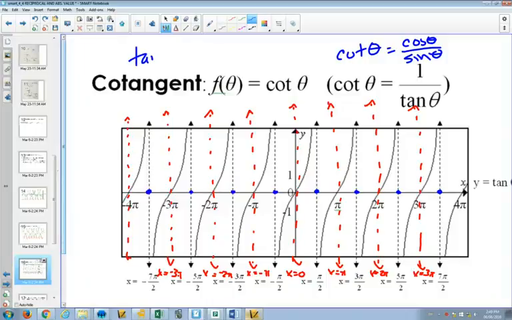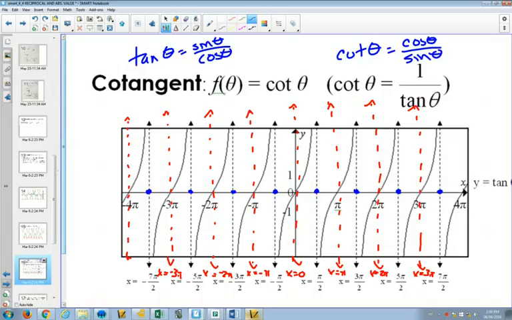Because if you think about tan of theta is equal to sine of theta over cos of theta, right? So wherever you have asymptotes on that tan graph, that's where cos was 0. But when you do the reciprocal of that, and if you think of cotangent as cos over sine, wherever cos is 0, cotangent is 0. So these blue points are actually part of the cotangent graph.